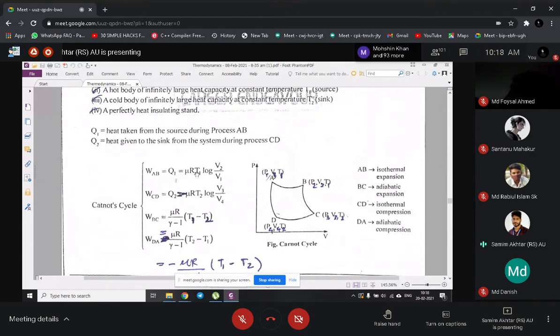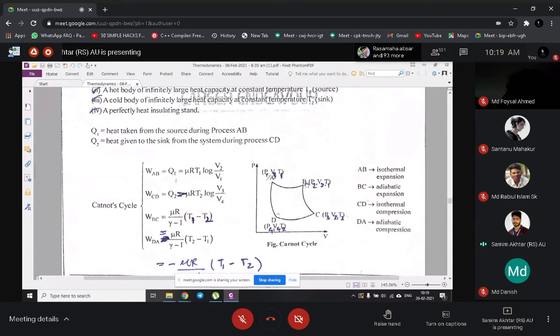The work done during this process is mu R T1 log V2 by V1, where mu is the mass of the substance, R is the universal constant, T1 is the temperature, and V1 and V2 are the volumes. So this is the isothermal expansion.